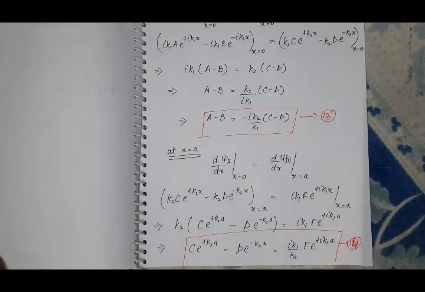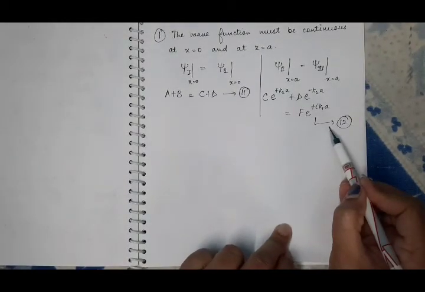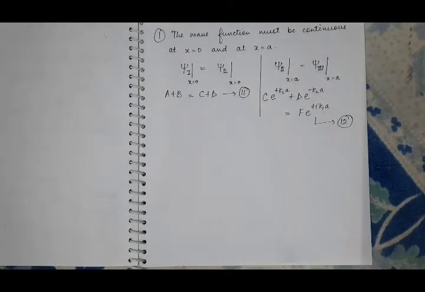So first we will solve for c and d in terms of f, using equation 14 and equation 12. How can we solve this? Firstly, add the two equations 12 and 14, then subtract the two, and you will get c and d in terms of f.